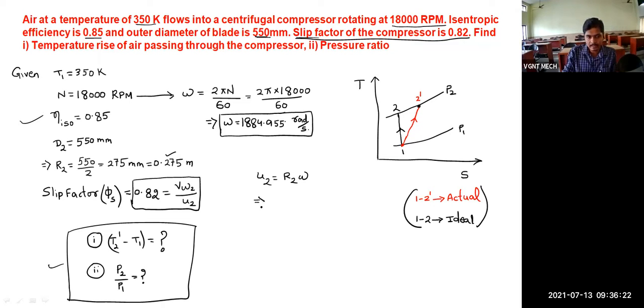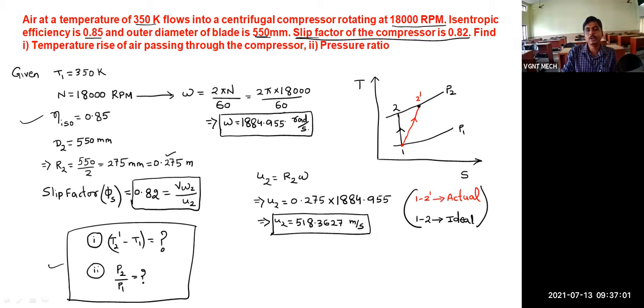So U2 equal to R2 is 0.275 into omega is 1884.9. So if we multiply these, we will get 518.3627. This is the U2 value we got.